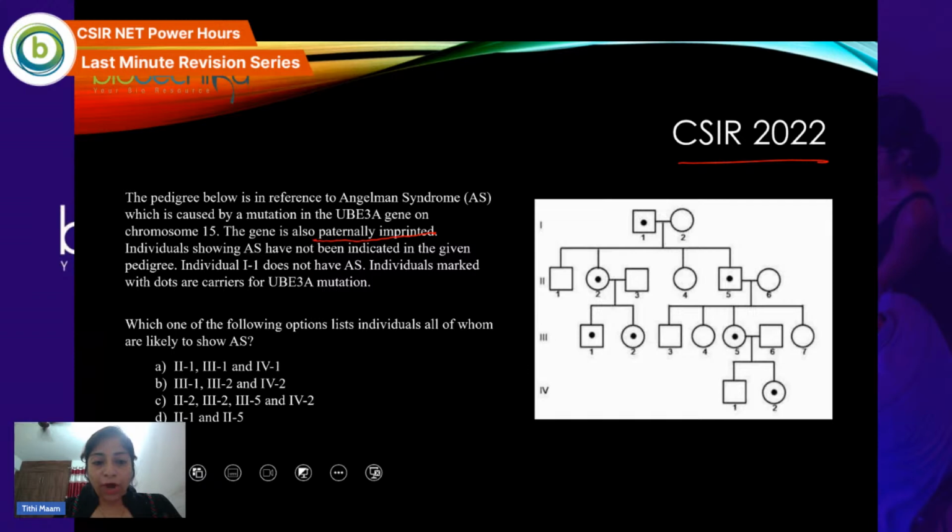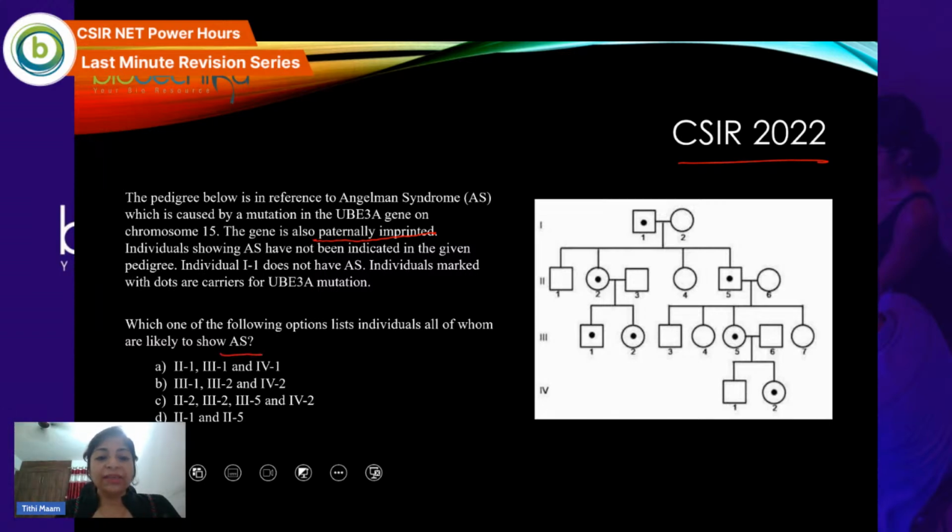Individual 1 does not have AS. Individuals marked with dots are carriers of the UBE3A mutation. So whoever has a dot in them, they are all carriers, but whether they have the syndrome or not is not mentioned. Which one of the following options lists individuals, all of whom are likely to show AS?